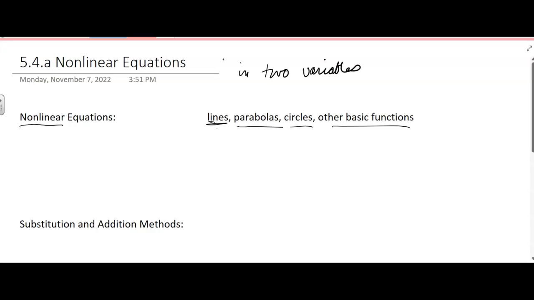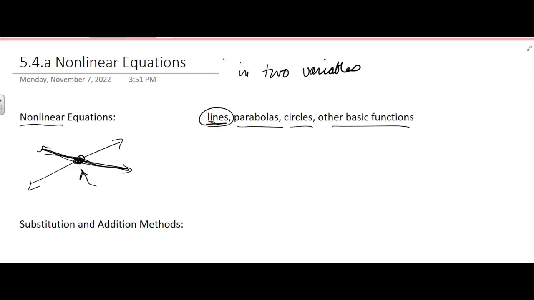Now, in 5.1, when we had a system of linear equations, we said, oh, you could graph the line and you could graph another line. They cross, they share a point, and that's the point of intersection and what we're looking for. So that was a picture of what we were doing. Now, not all lines crossed.